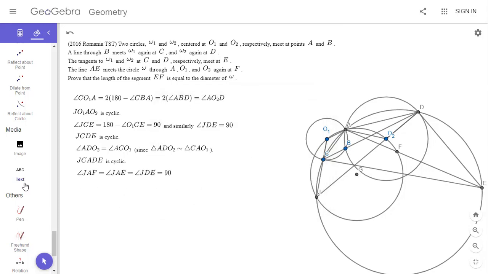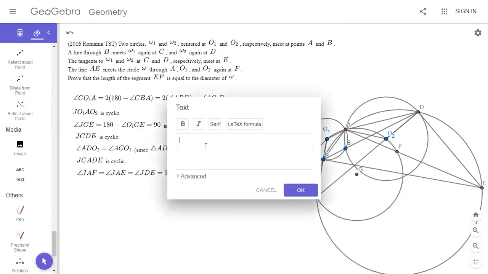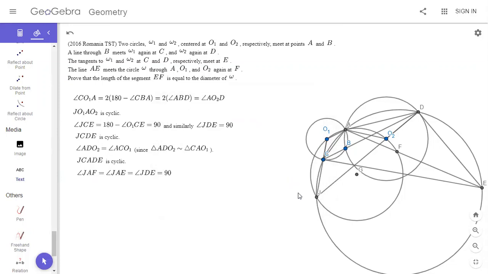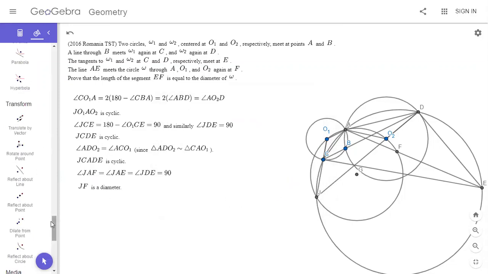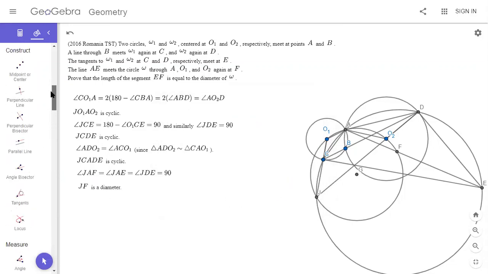Okay, so that means JF is a diameter. All right. And so I'll draw that in.